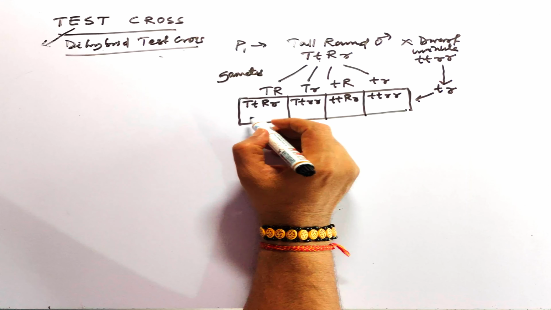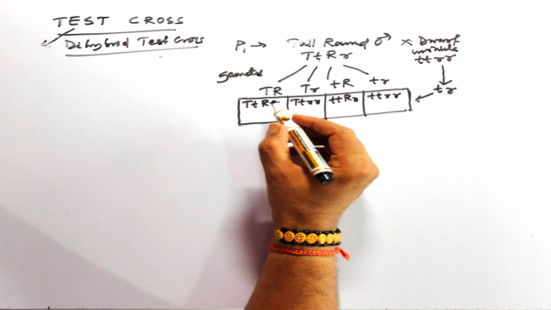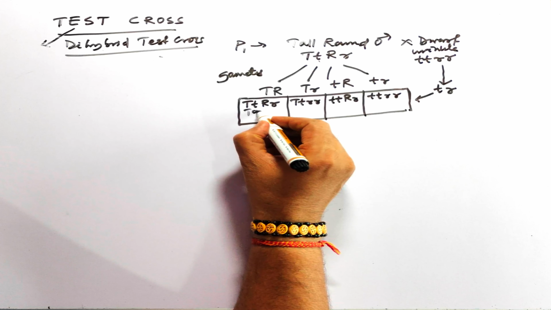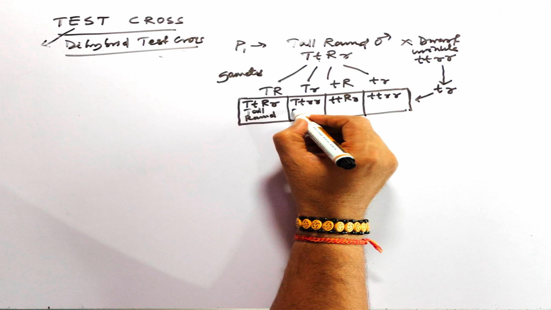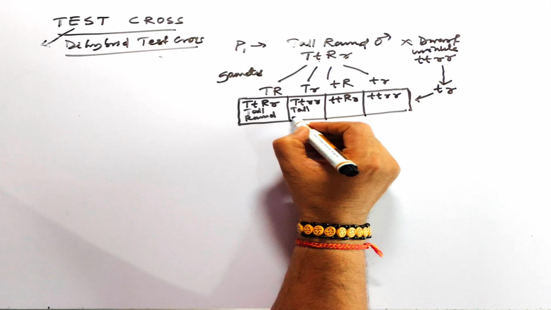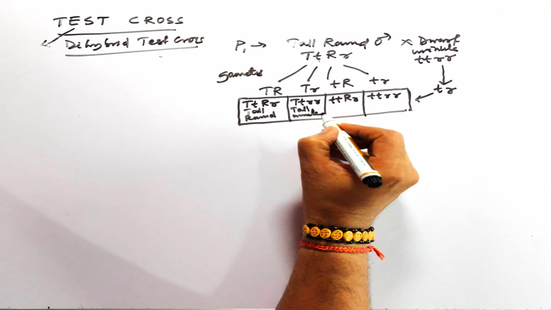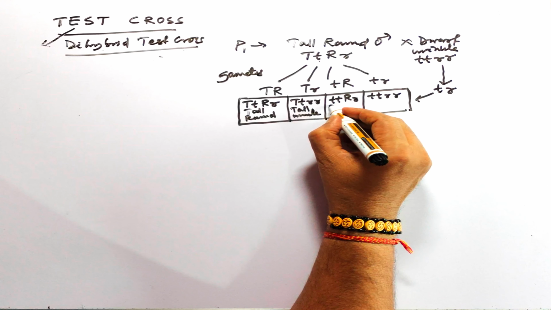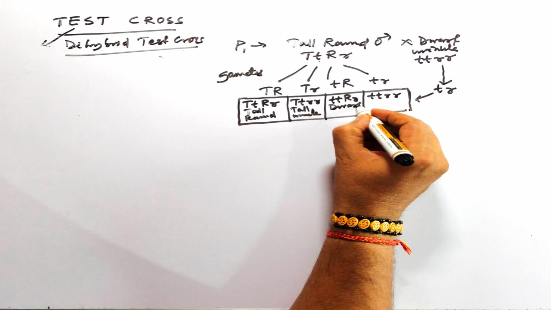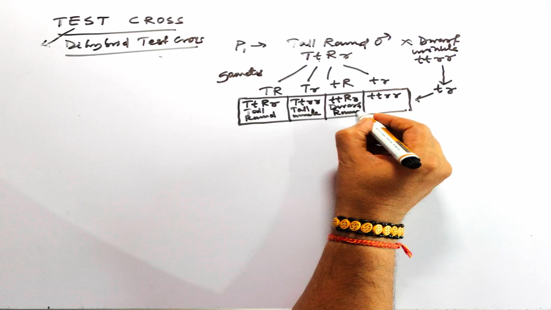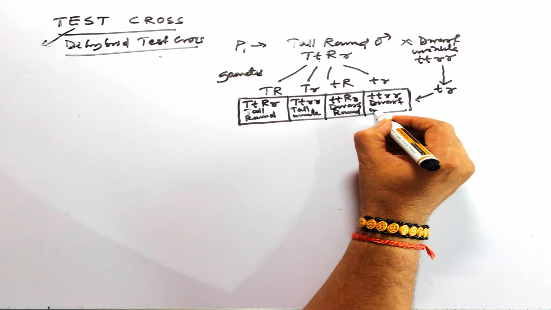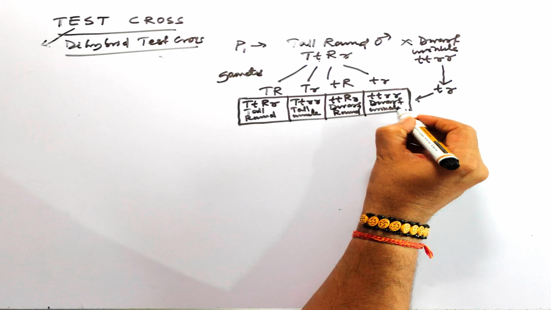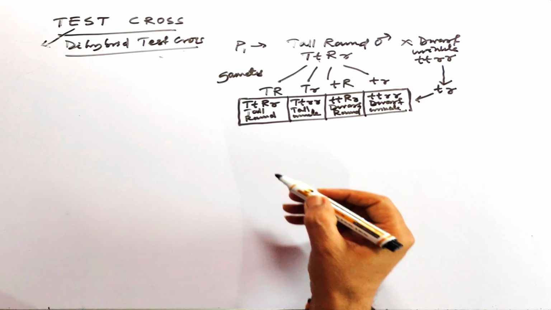So here we will find this is tall, round, this is tall, wrinkled, this is dwarf, round, and this is dwarf, wrinkled.